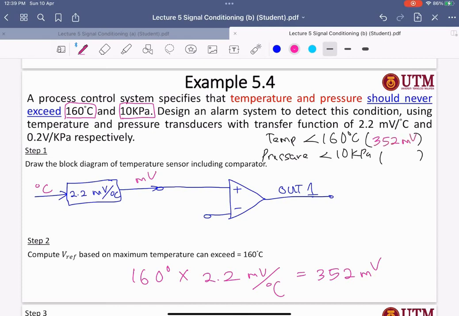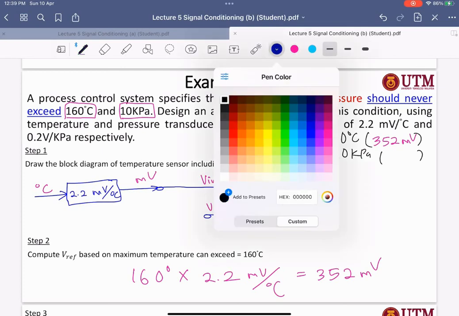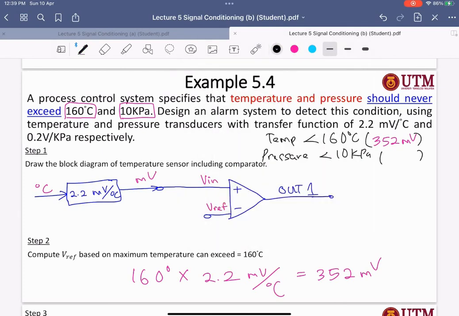So what you need to do is you will have the V reference here. That means you want to set the limit, and this is your V in, going to the comparator. So you need to add one supply, plus minus here going to ground.